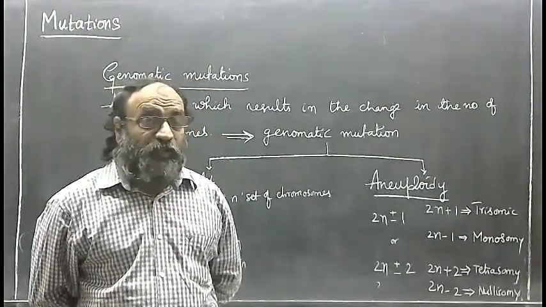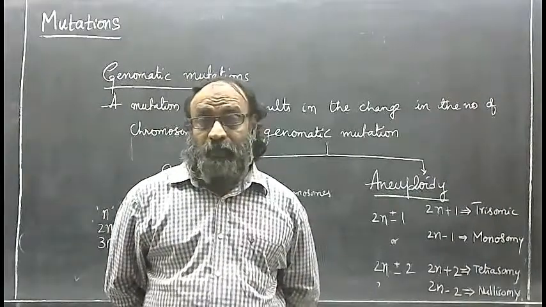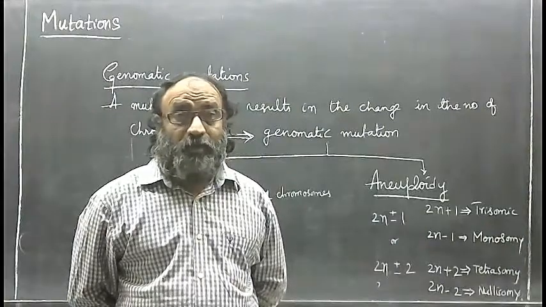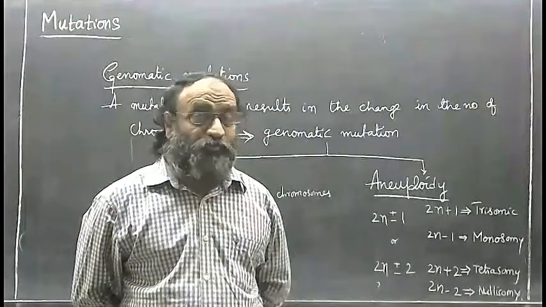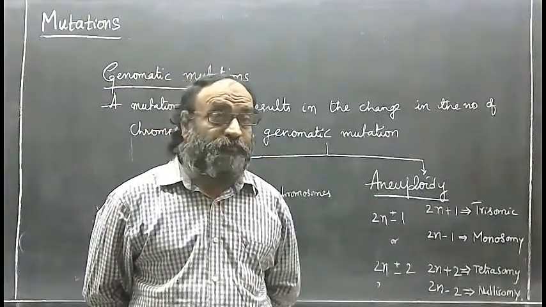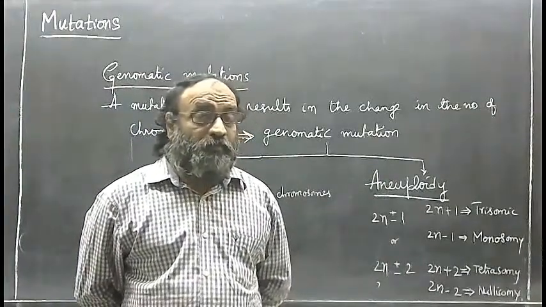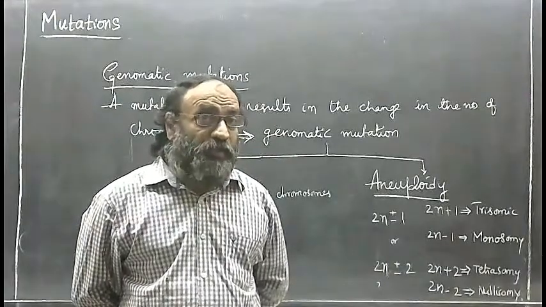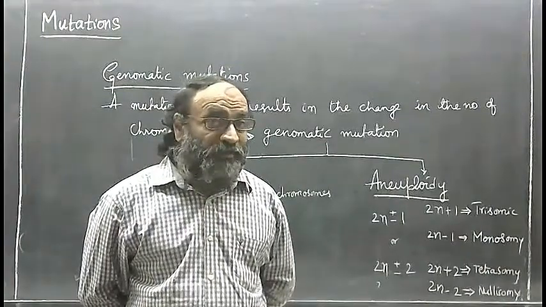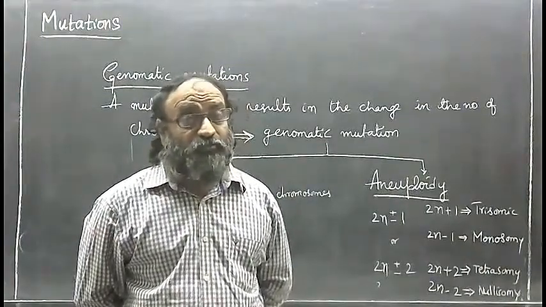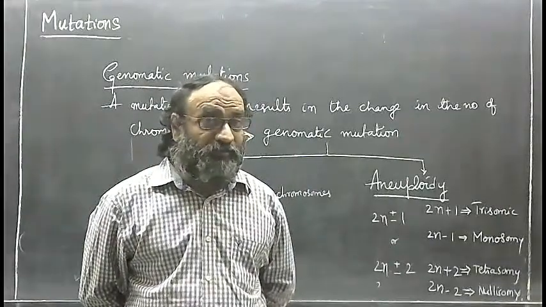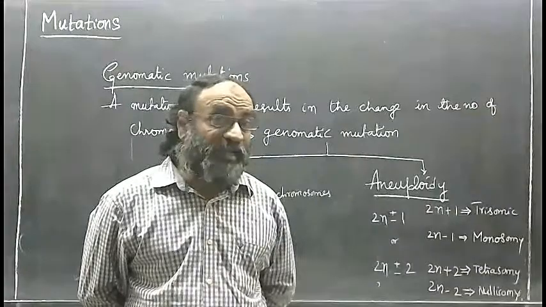This Klinefelter's syndrome person has an extra X chromosome. Instead of having one X and one Y chromosome, he has one extra X chromosome, that is, XXY condition.